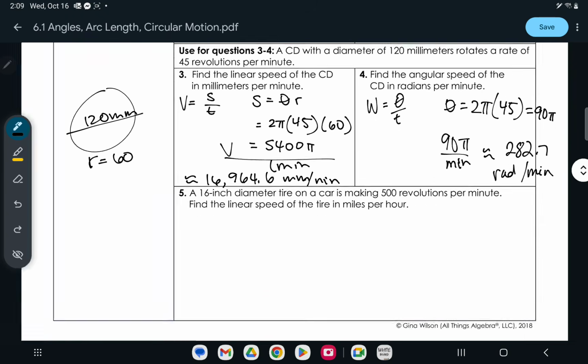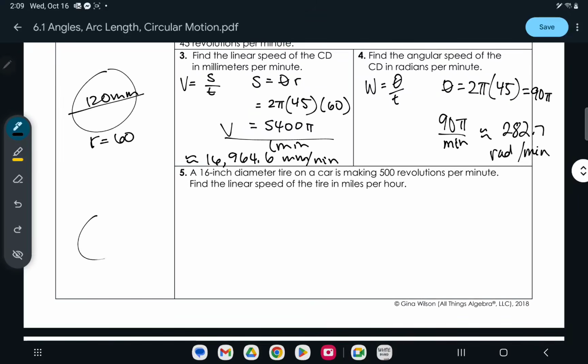Okay, let's look at this one. A 16-inch diameter, so the radius is 8, on a tire makes 500 revolutions per minute. Find the linear speed in miles per hour. Ooh, this is a good one.